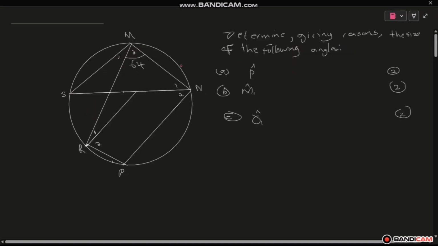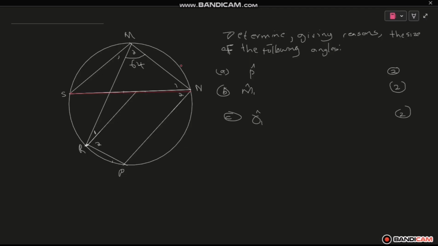Now we can try to do this activity. We know that SN is a diameter. It is said that SN is a diameter, meaning M1 and M2 will be 90, angles in a semicircle, as we're doing shortly.